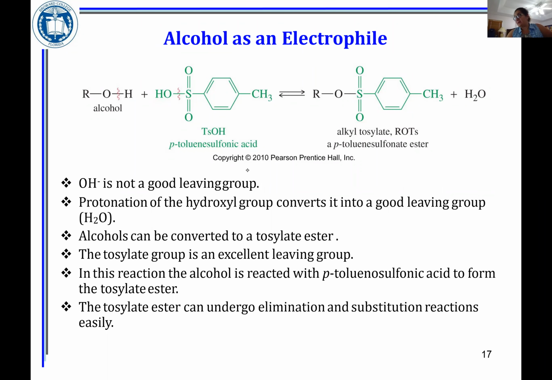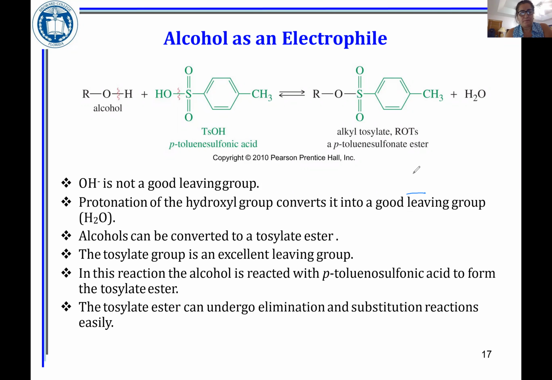Just a review from SN1, SN2 reactions. What is an SN1 reaction? Can you tell me what the name stands for?